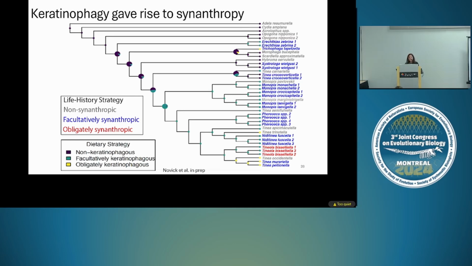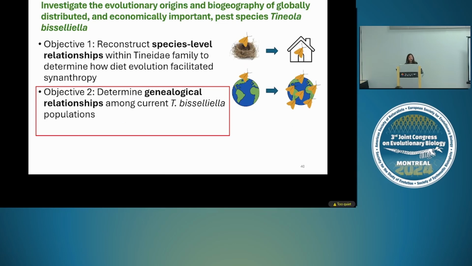So it seems that facultative keratinophagy was an ancestral trait that has led to facultative and in some cases obligate synanthropy. So this supports my hypothesis that there are multiple evolutionary origins of facultative synanthropy, and they are clearly associated with a facultatively keratinophagous dietary strategy.